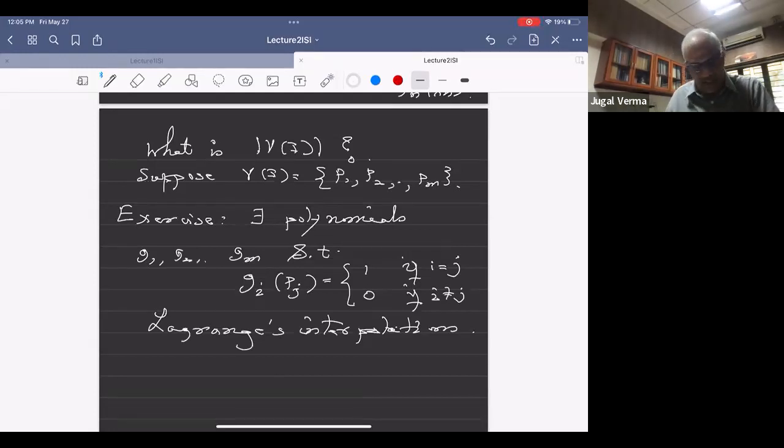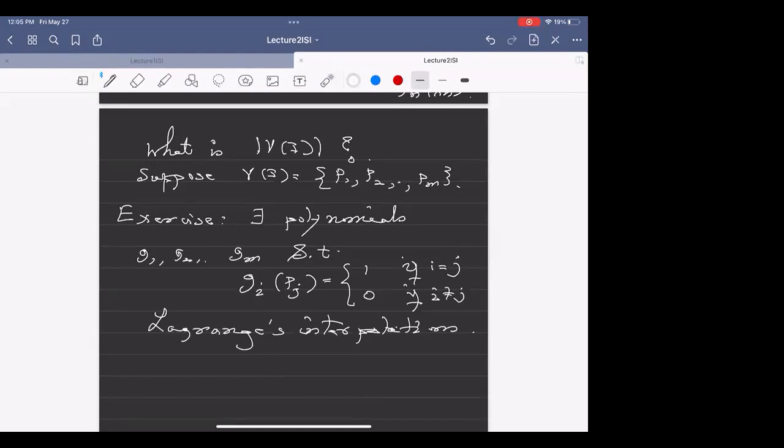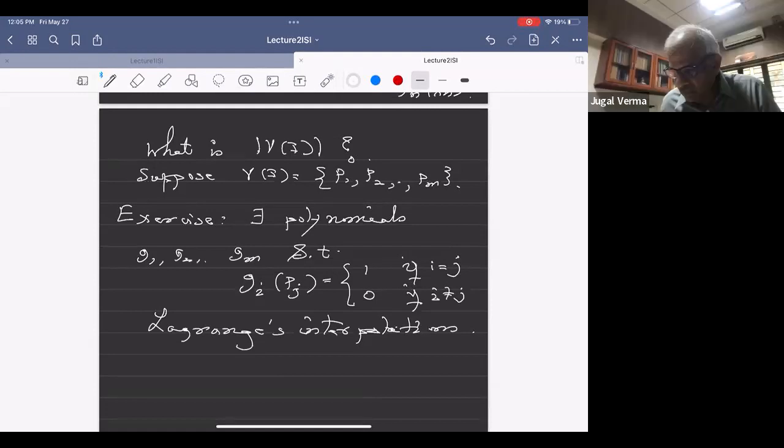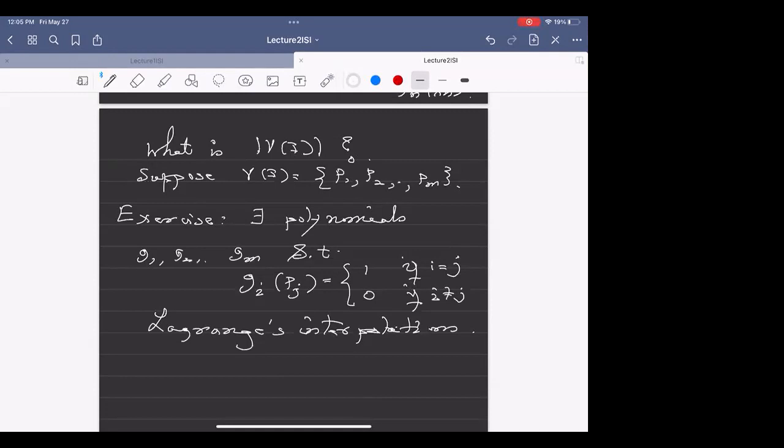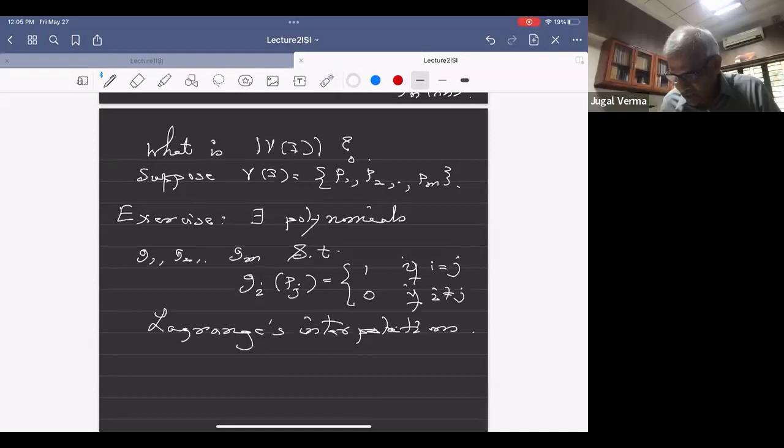So grant me existence of these polynomials. The Lagrange interpolation polynomial for one variable is unique, but for the multivariate case it need not be unique. So I am assigning this exercise: construct some Lagrange interpolation polynomials.